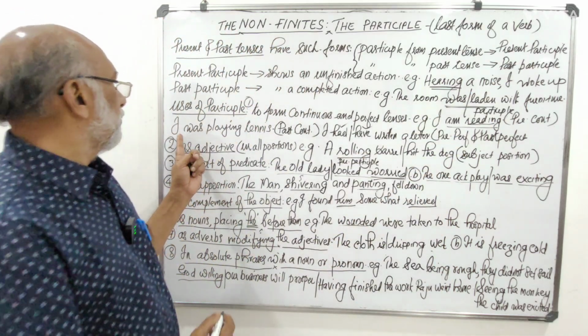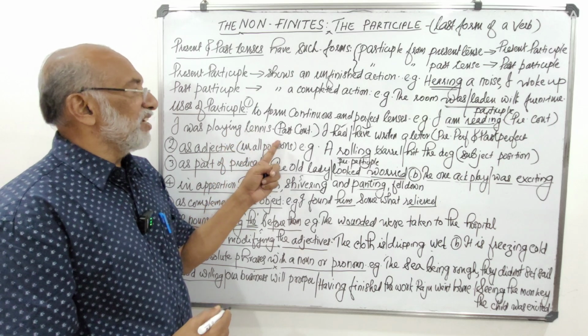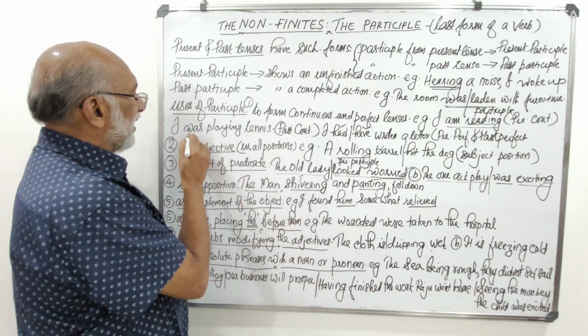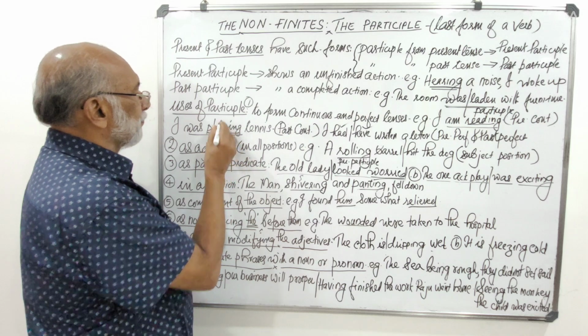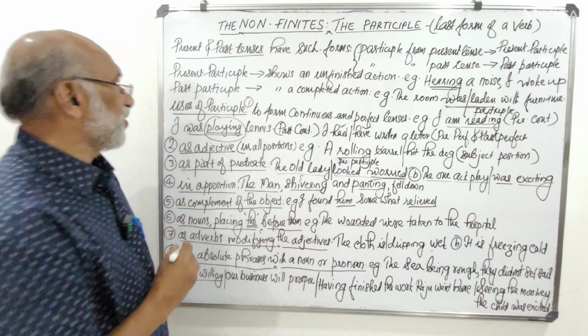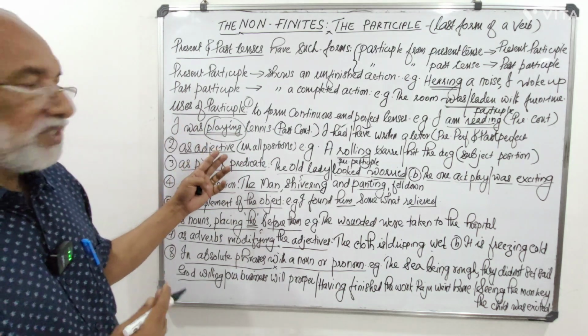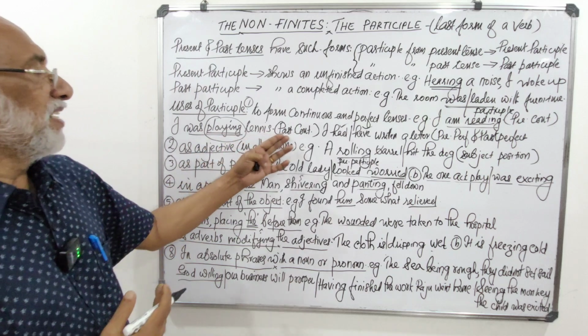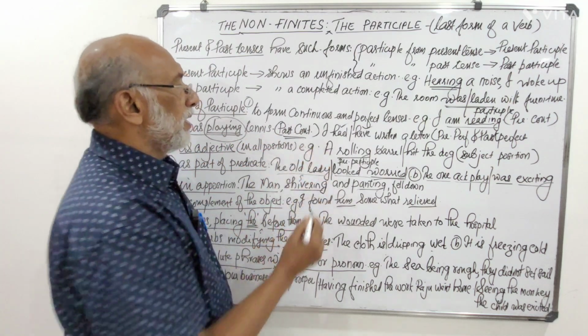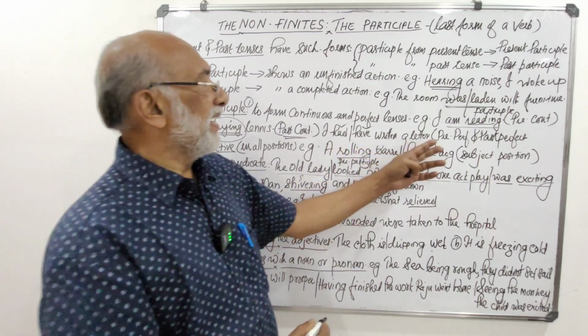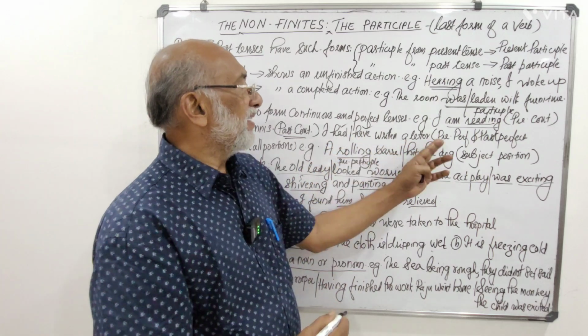In another example, I was playing tennis. See, was playing is the complete verb, and playing is the participle, and it is used to form the past continuous tense. Then I had written a letter. I have written a letter.